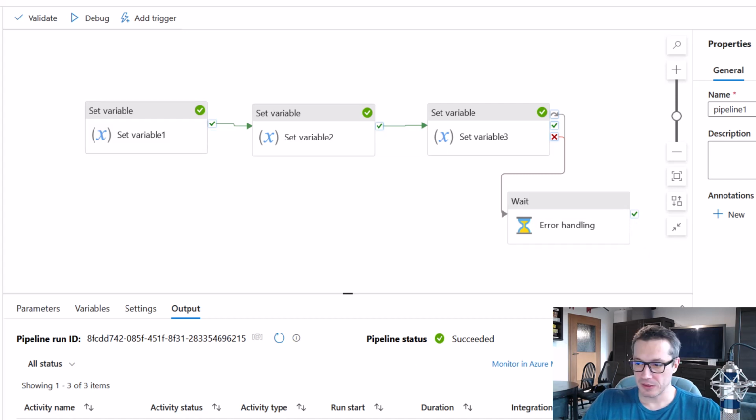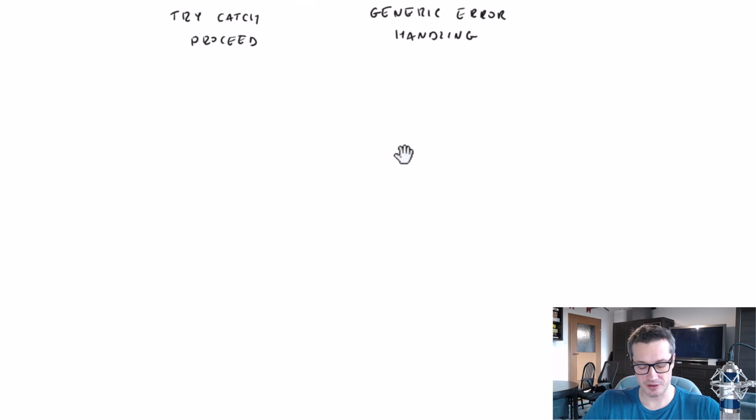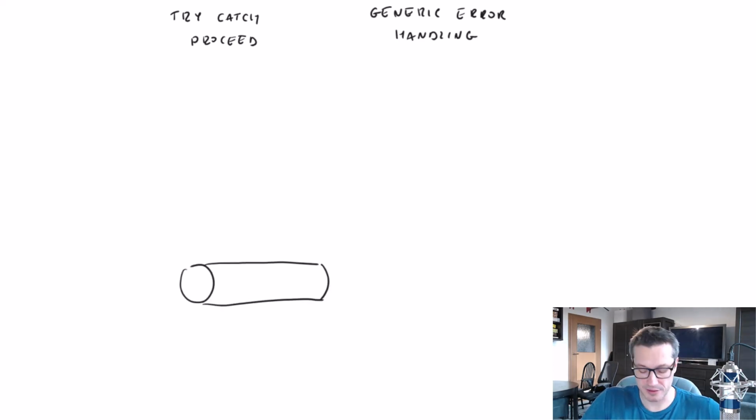All right, so let's verify if anything changes if we introduce parent-child approach. So it would be something like this. Let's assume that we create 2 pipelines. The first one will be called a child pipeline that would have 2 activities.